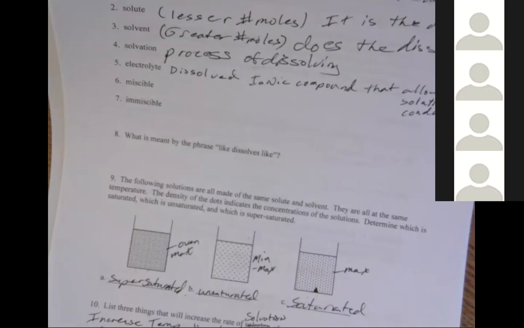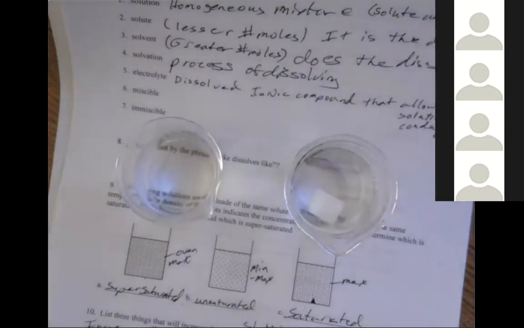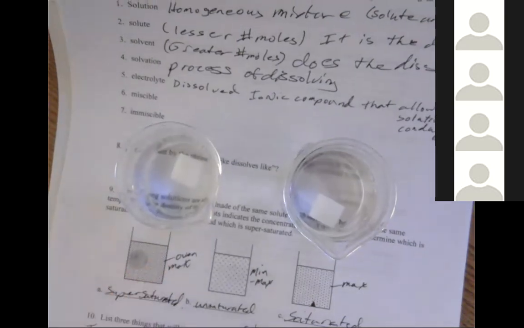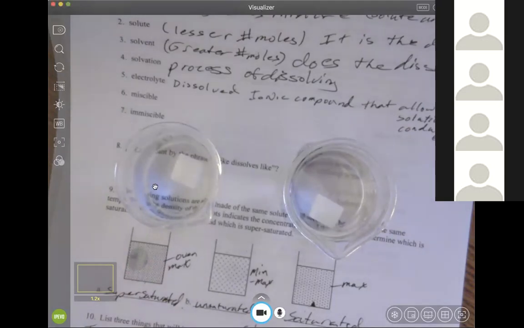Now the question is, is this camera good enough for us to see the properties of solvation and stuff? And that I don't know. So here is a sugar cube in water. The problem is the camera.